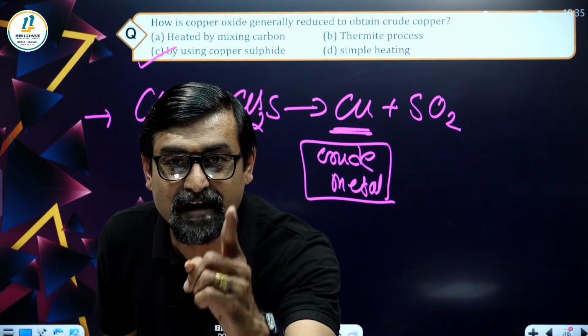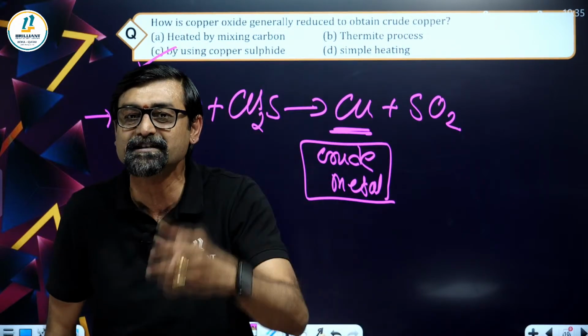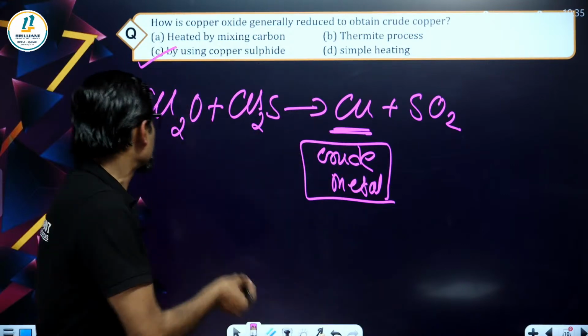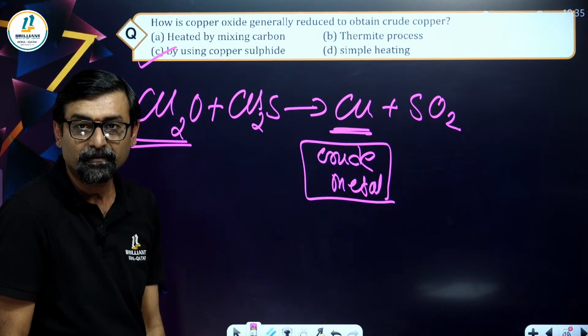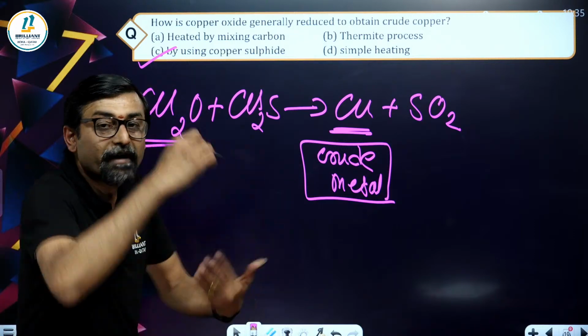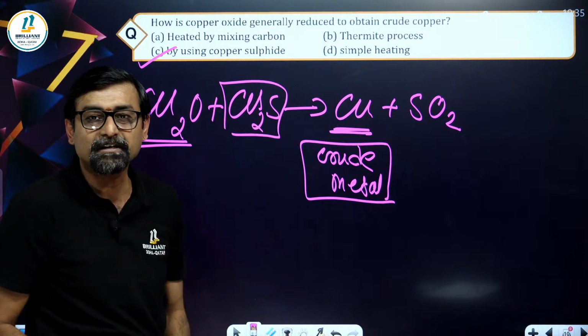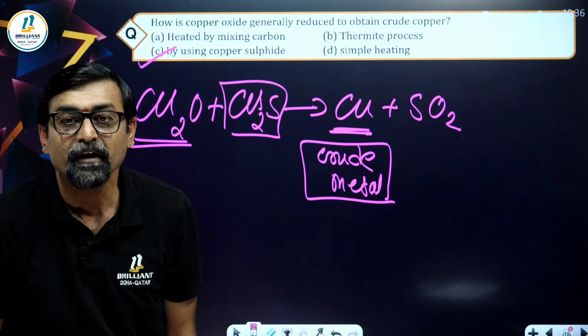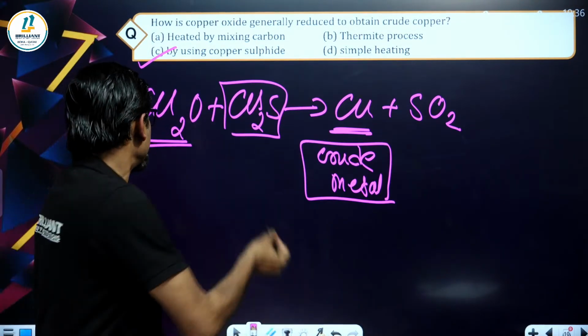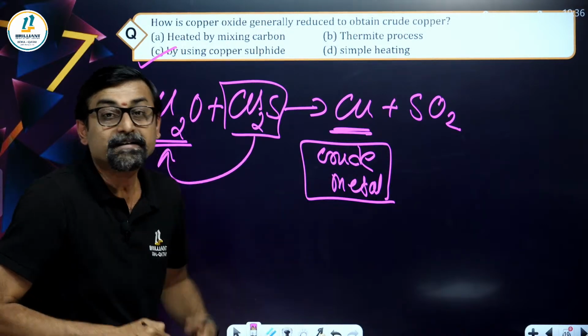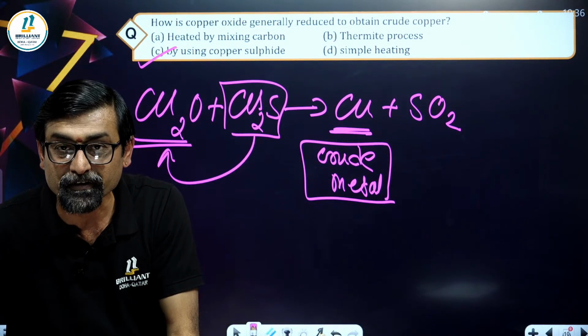What is it called? Self-reduction. Here the ore is taking an active part. The oxide which we get, we treat with the crushed ore itself. When we use that crushed ore with that oxide, it gets self-reduced.